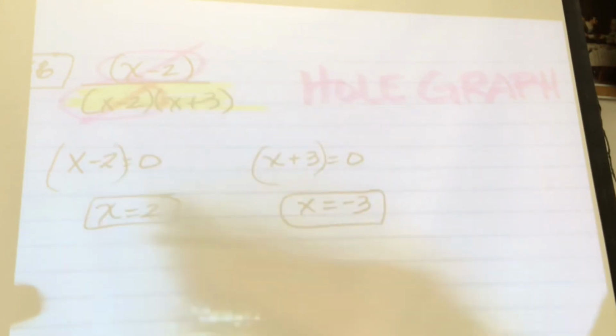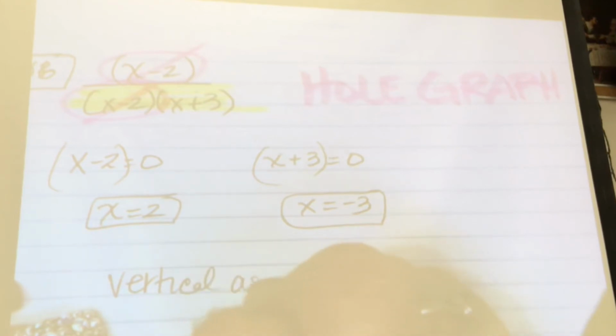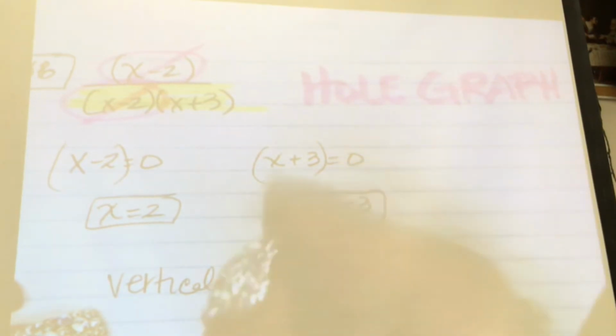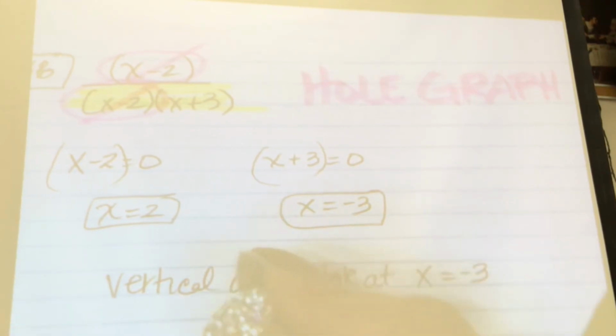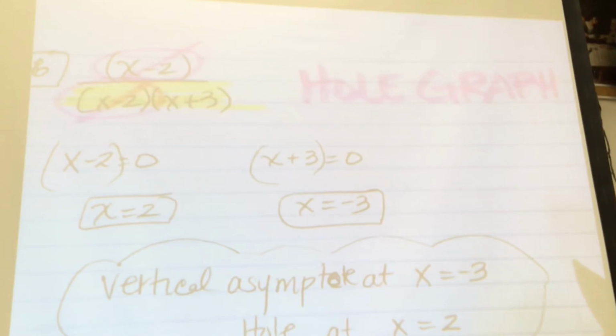So how would you answer this question? You would say there's a vertical asymptote at x equals negative 3, and then there's a hole at x equals 2. Because the x equals 2 got canceled on top and bottom, so it's not an asymptote, it's a hole now.